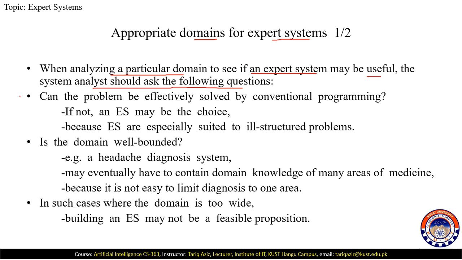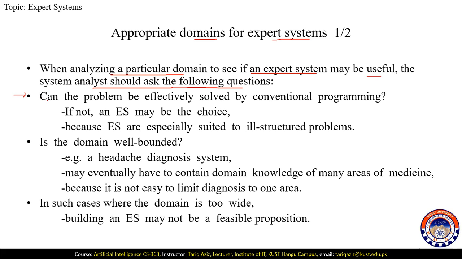We have to focus on these questions if we want to know whether, for the specific domain, we can develop an expert system or not. If we can find answers to these questions, then we can develop an expert system for a particular domain, but if not, then we cannot develop an expert system for a particular domain.